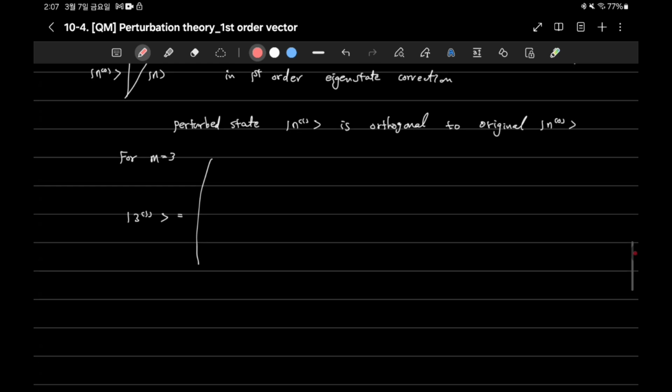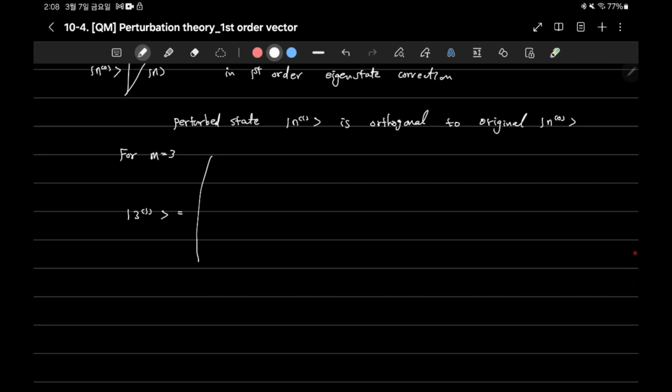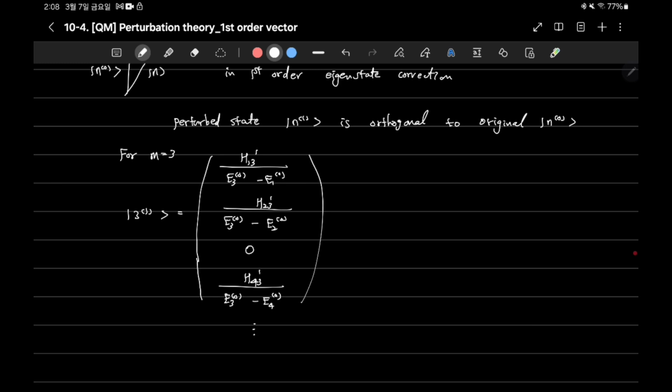So we can write down the part of the energy eigenstate: H13 prime over E30 minus E10, and E30 minus E20 H23 prime, and also third term is 0, and the fourth term is that E30 minus E40 H43 prime, like this.